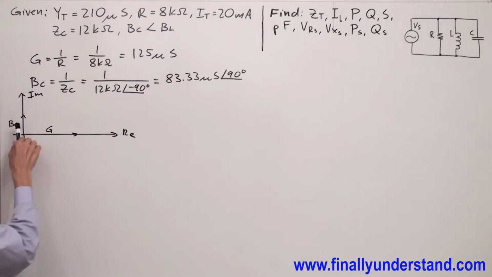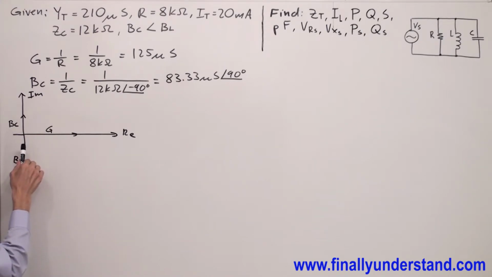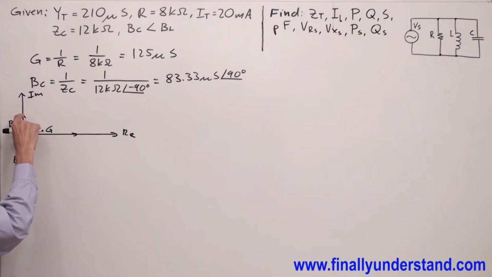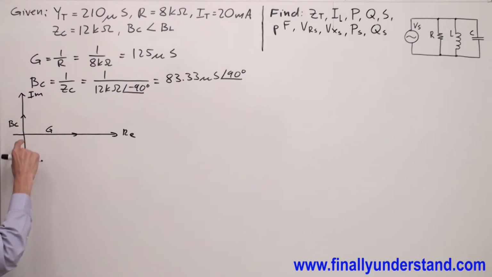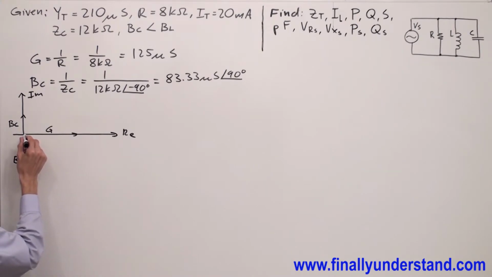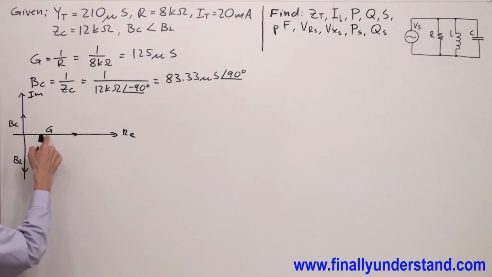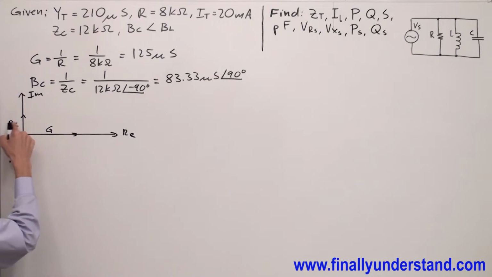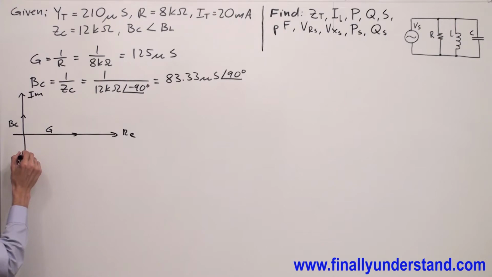So if you are going to add these two phasors together, you are going to get the negative angle. Okay, you are going to end up with the angle of negative 90 degrees. Why? Because you have BC less than BL. So your angle is going to be in the fourth quadrant of the complex plane, which means we are going to talk about the negative angle.